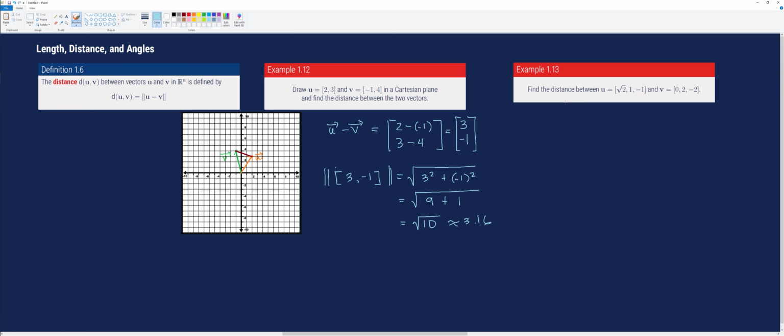Let's have another example. Find the distance between vector u and vector v, whose components are stated. Again, the first step is to get the difference of the two vectors. And that is square root of 2 minus 0, 1 minus 2, and negative 1 minus negative 2. Performing the operation, we get the new vector: square root of 2, negative 1, and positive 1.